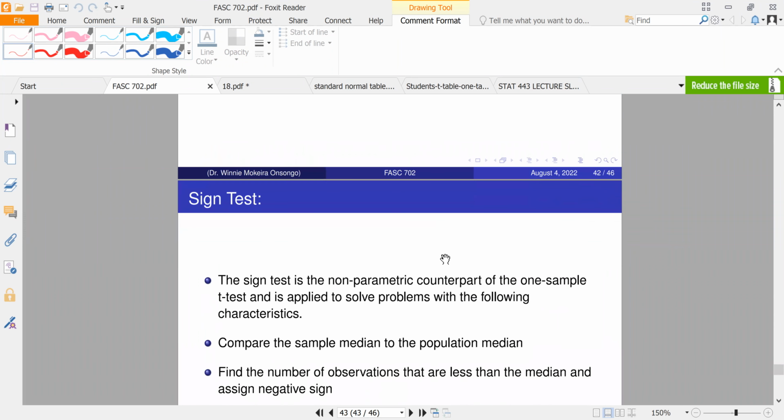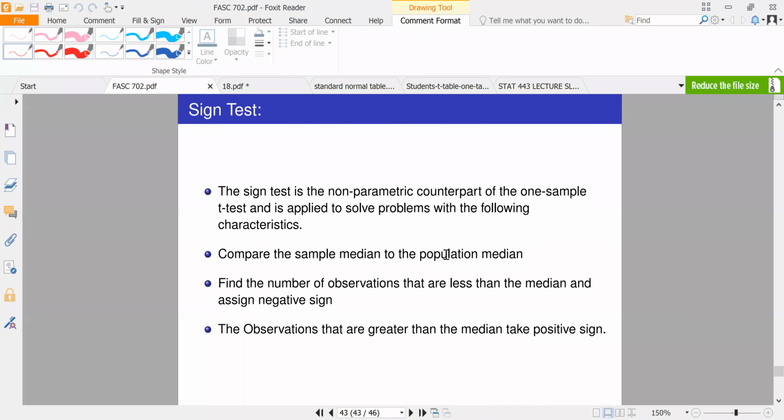Another non-parametric test is the sign test. Now, this sign test is the non-parametric counterpart of the T statistic, the T test. You saw that for the parametric T test, we needed the mean, we needed the standard deviation, and we needed the degrees of freedom.